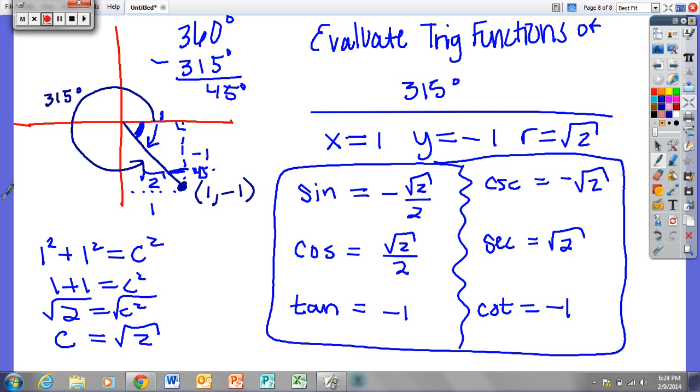So this time, I left out what the degree measure was. Since the question says evaluate trig functions of 315 degrees, if you were to answer this question, you would write sine of 315 degrees equals negative root 2 over 2. However, I want you to realize that these are the answers not only for 315 degrees, but also for negative 45 degrees.